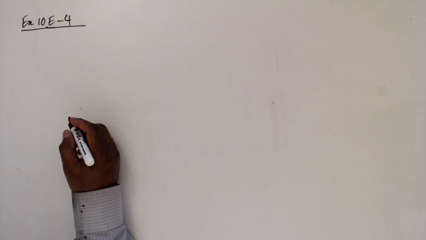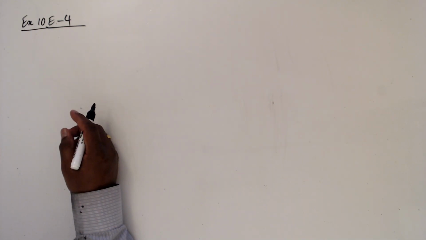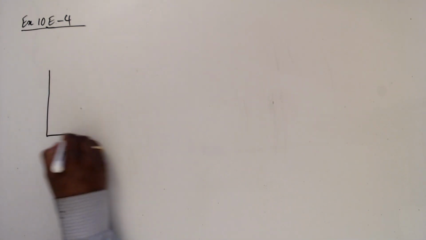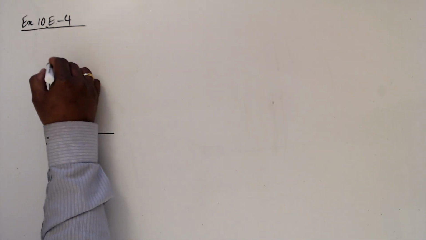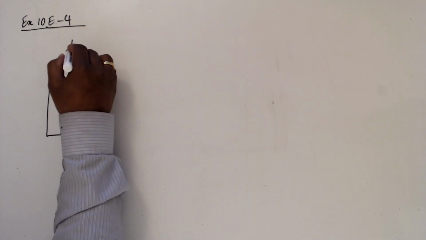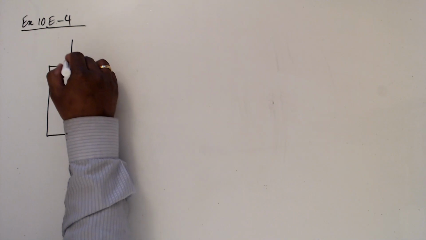Question number 4. Two boxes A and B, mass 100 kg and 90 kg, sit on the floor of a lift. So this is a lift, and this is the cable, so it should have a tension.